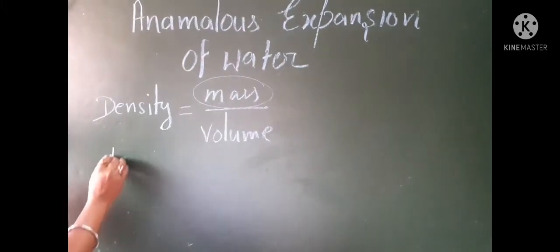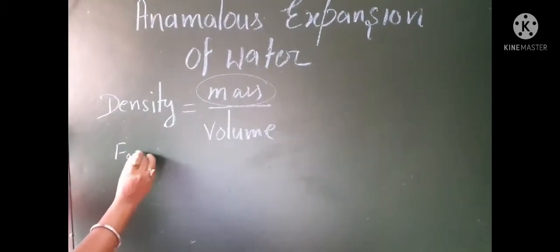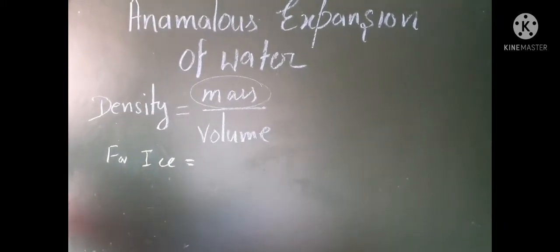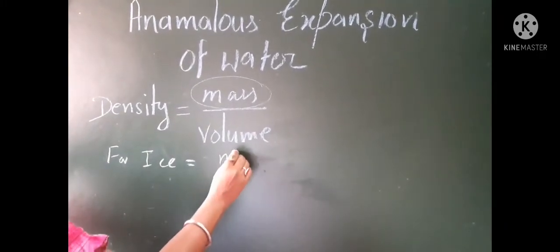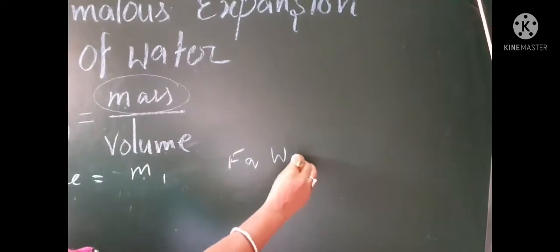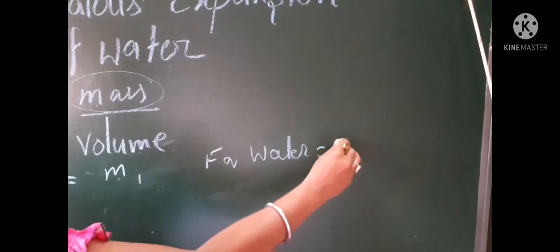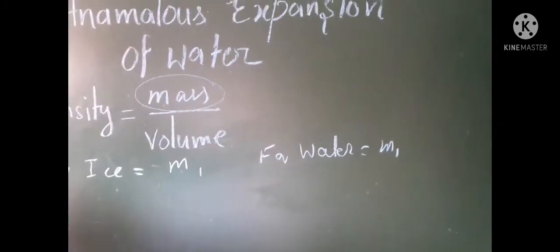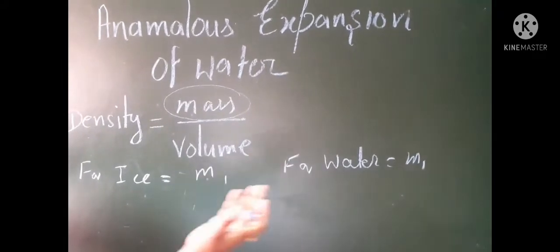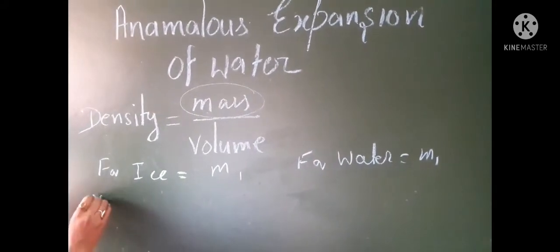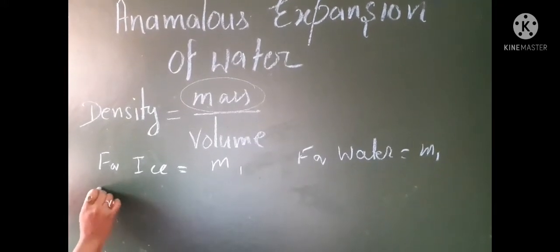For example, for ice, the mass of the ice piece whatever we have taken right now is m1. For water it is also m1, because the mass of water is not going to change; we have taken the same quantity and frozen it, so there is no change in mass. Now we are going to think about volume.